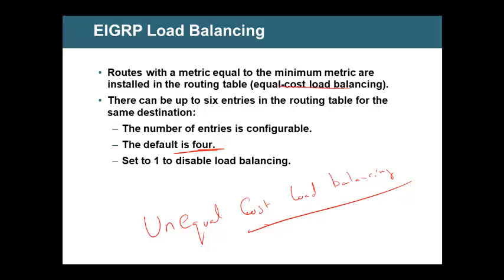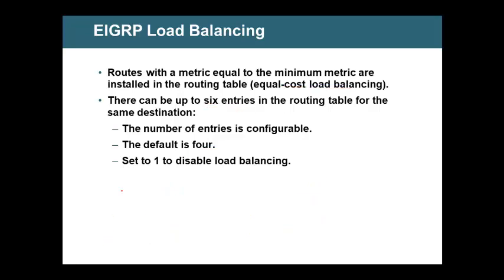And in the older versions, you can maximum make it 6. But in the newer versions, you can have up to 32. In the real world, we don't need that many. 32 equal cost paths, you will not find anywhere.